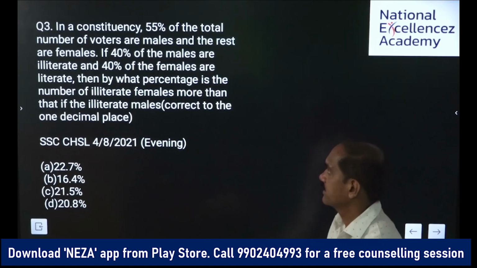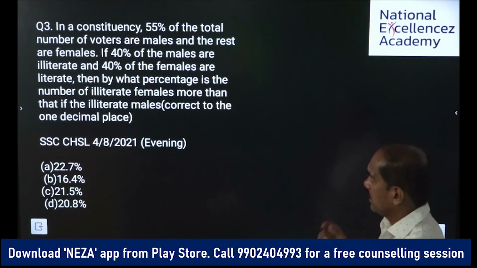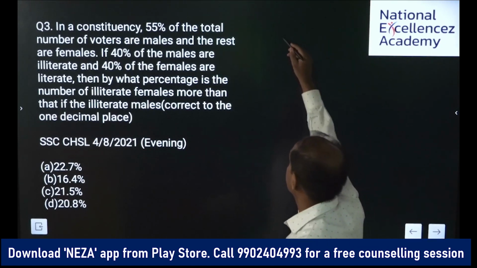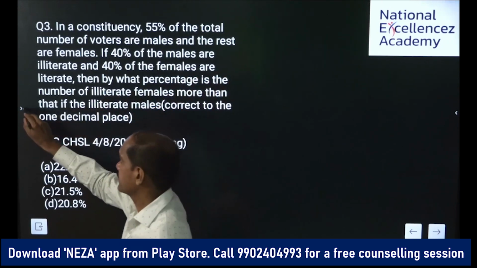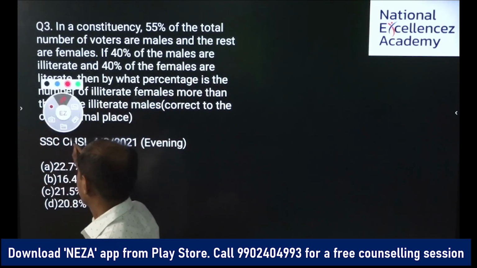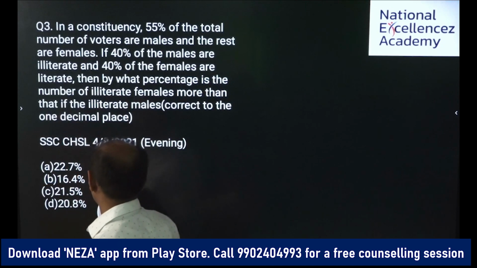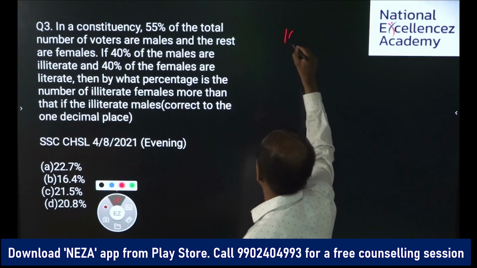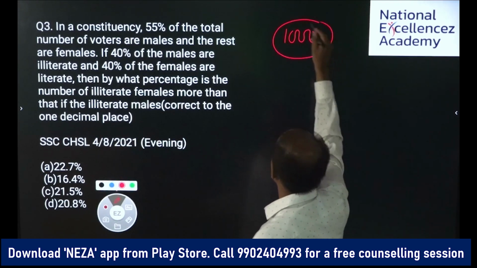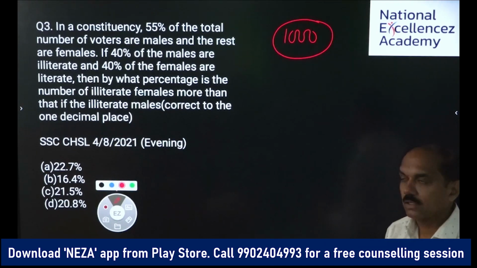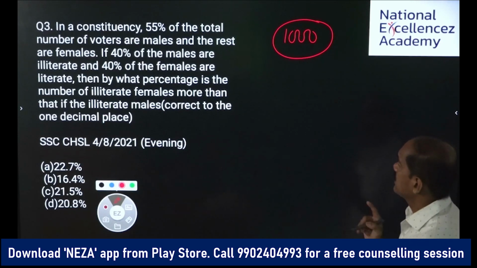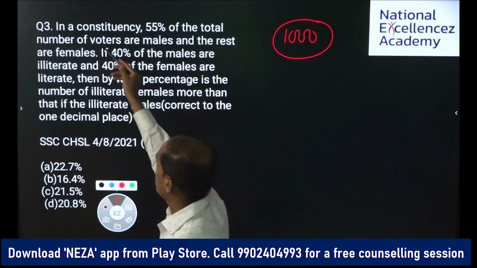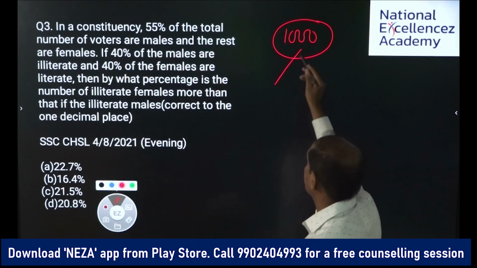20.8%. These are your options. Now, here you first will have to go with the tree concept. Tree concept in the sense, let us assume that the total number of voters are 1,000 in that constituency. 55% of the total number of voters are males. 55% of this.